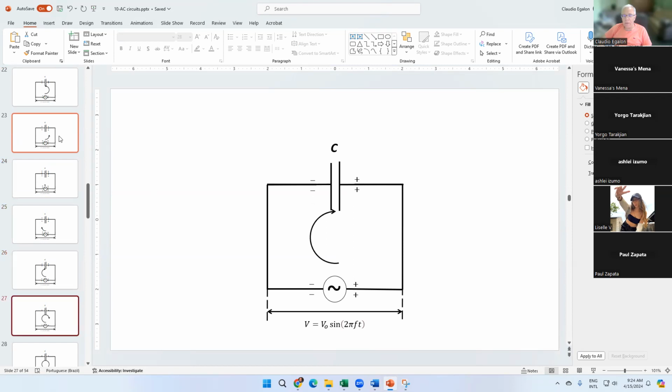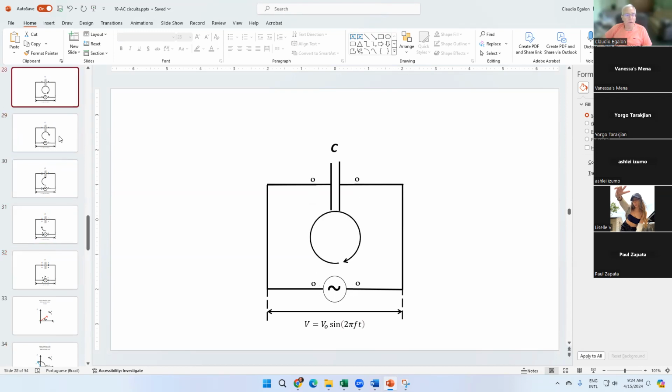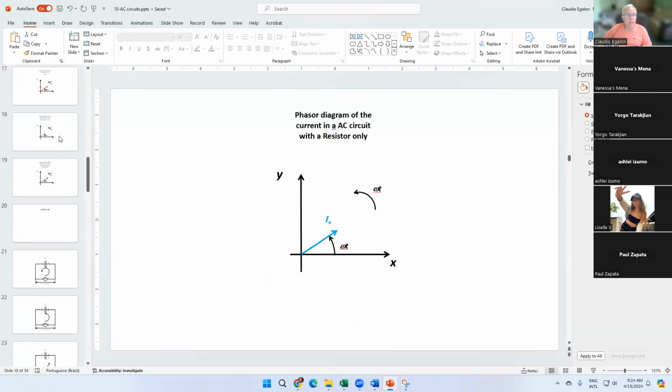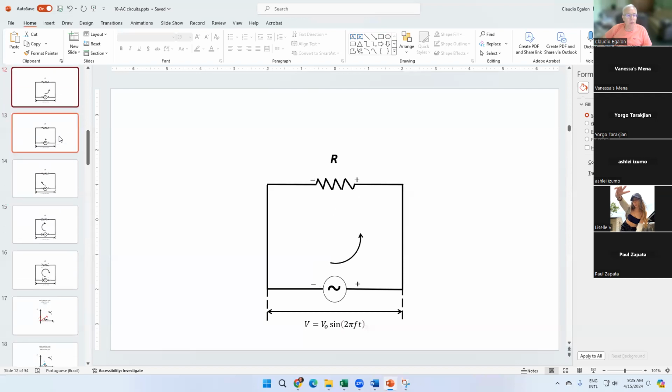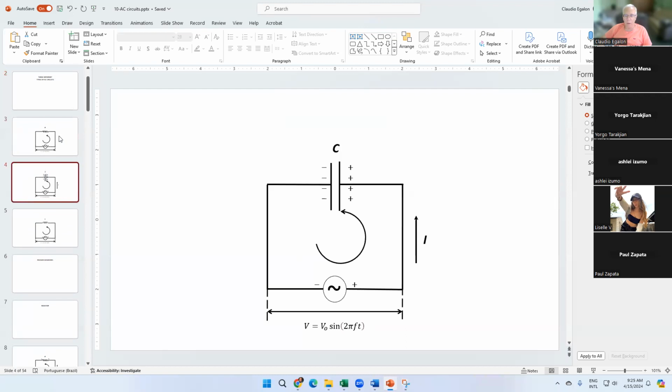Okay. So until it reaches zero. Okay. And so go back here to our illustration. Capacitor right here. I have my current set up there.